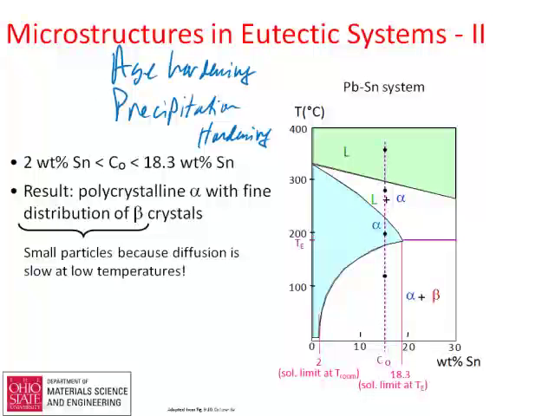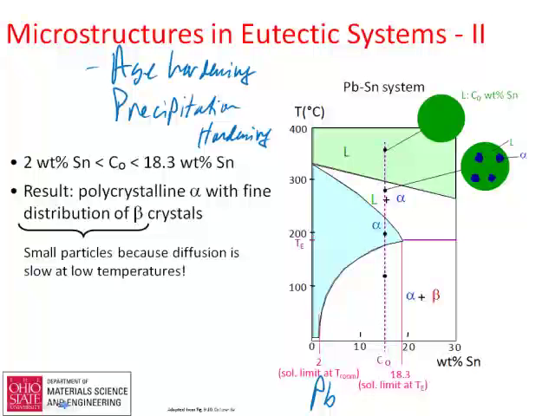We're going to look at this in the lead-tin system, but the same sort of thing happens. At the highest temperature it's all liquid, then liquid plus alpha here, and we could draw a tie line in there if you like.